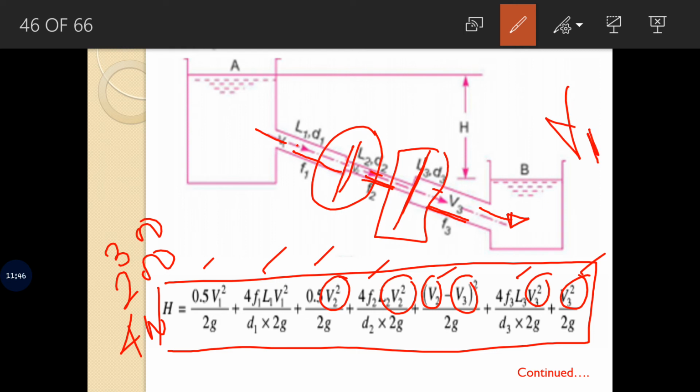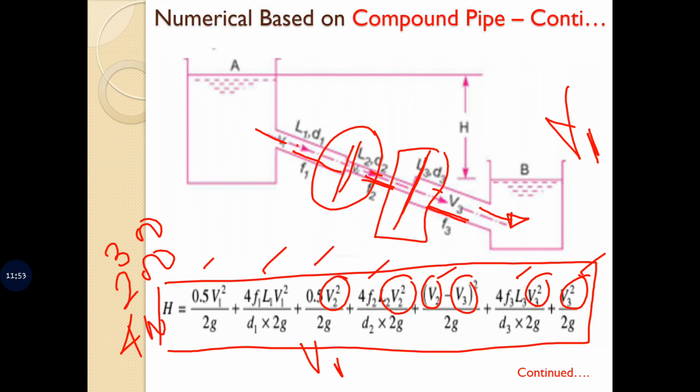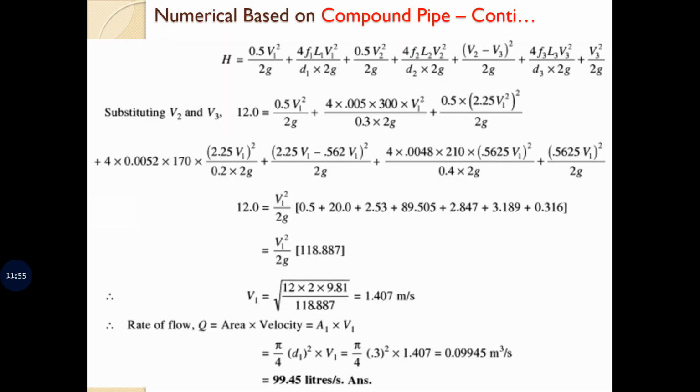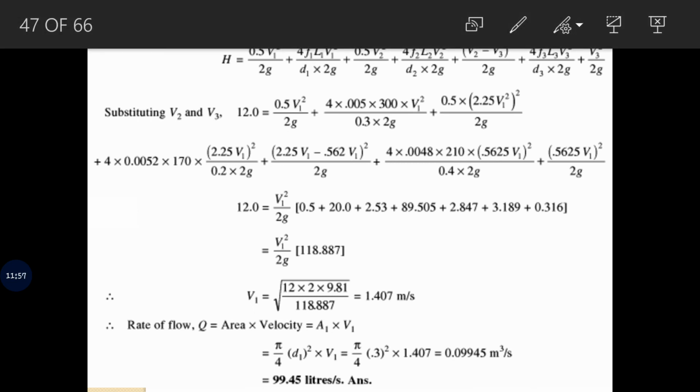It means the only unknown in this equation is going to be v1. So this was the previous equation, and by substituting v2 and v3 respectively we get this, and when we solve, the only unknown is v1.